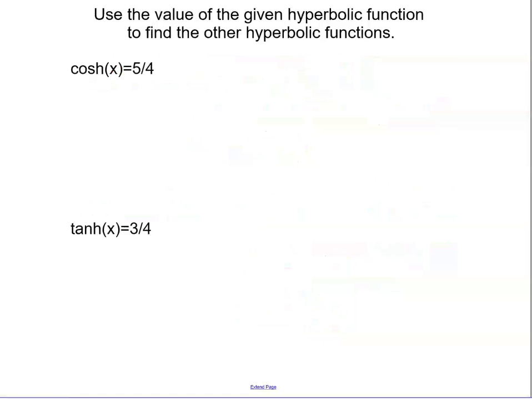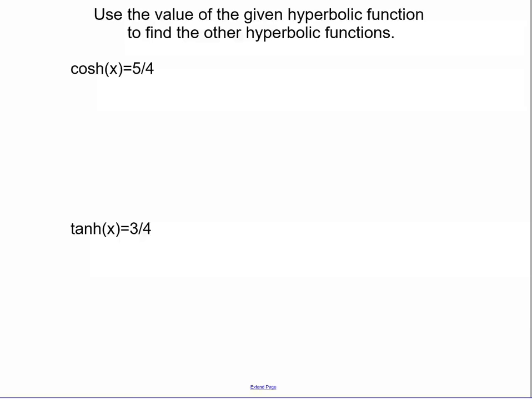All right, last thing that we're going to look at is using these hyperbolic functions. If we're given one, using it to get the other ones. And so with this, we're going to want to use some of those identities. We just proved a couple of them, and you'll prove a couple more in your homework.